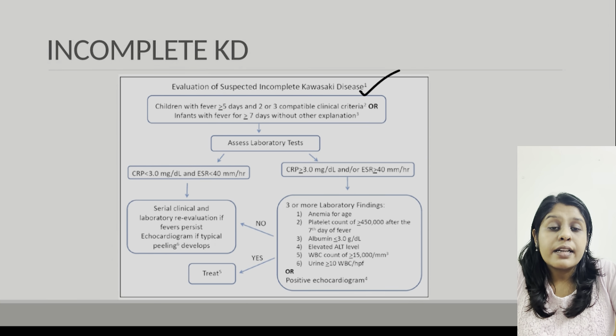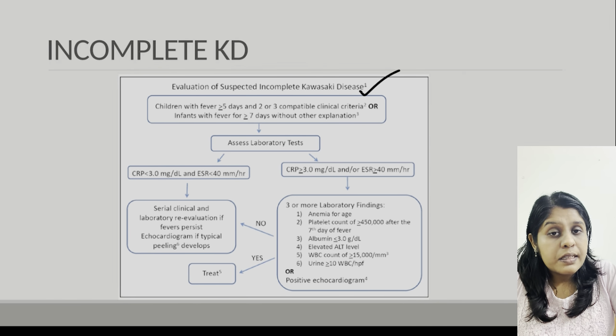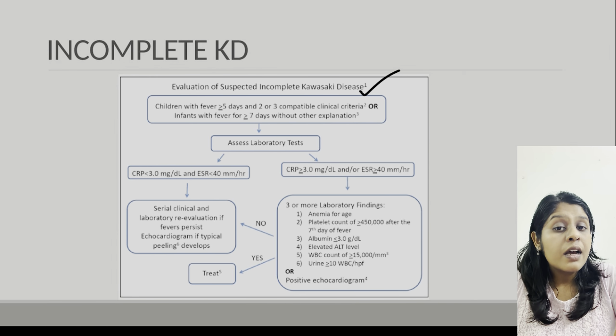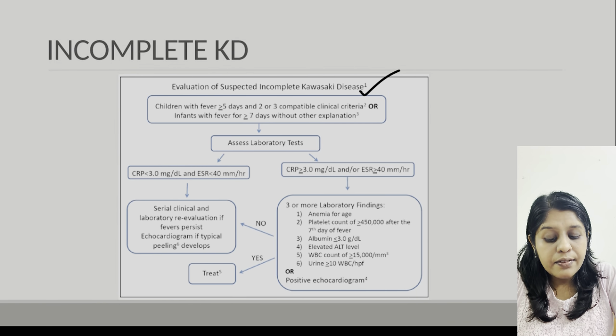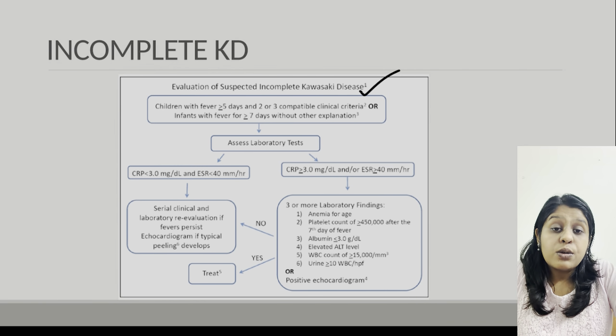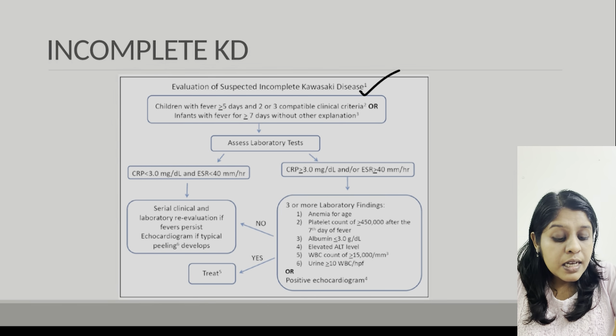So in these children, especially in people who are experienced, if they suspect KD, they have to do laboratory investigation. The entry point for Kawasaki disease is your inflammatory markers, that is the CRP and ESR. In this, CRP is considered to be more specific than the ESR. So if CRP and ESR are elevated, then you can do other lab features which include 6.